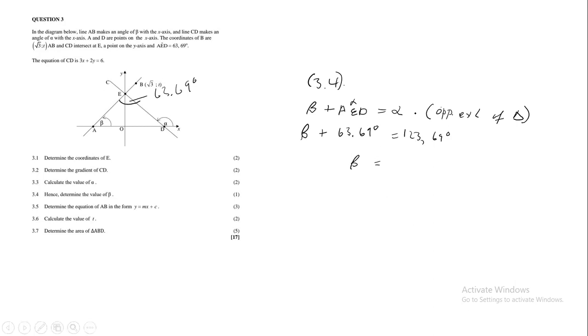So I'm going to say 123,69 subtract 63,69, and therefore we get 60 degrees. So beta in this case will be equal to 60 degrees. That will be the numerical value of beta for only 1 mark. Okay, that's how we solve this question.